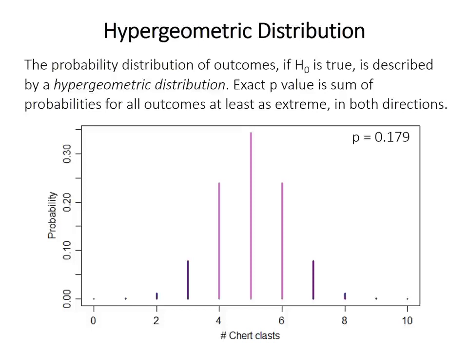And like in the exact binomial test, the p-value here is just the sum of the probabilities for all outcomes at least as extreme as your observation in both directions, right? We have to look in both directions on both sides of the distribution because we didn't have a prior alternative hypothesis that the association should be only in one direction or the other.